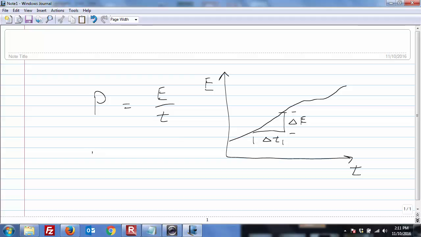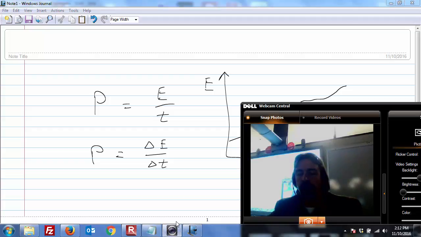So another way of writing this is power equals delta E over delta T, because obviously the power that's coming through an engine is going to be greater when you're accelerating or going up a hill, and less so when you're going down a hill or going on the flat.